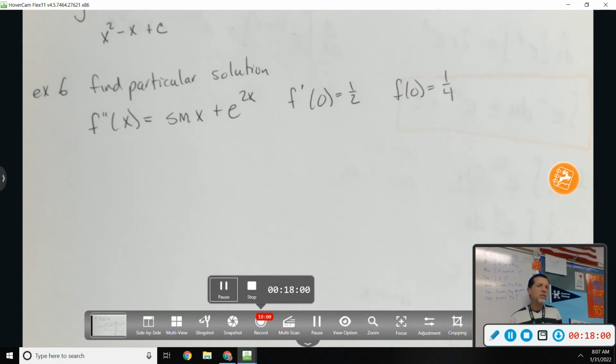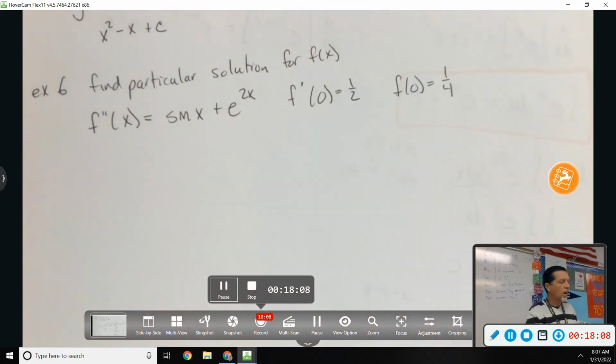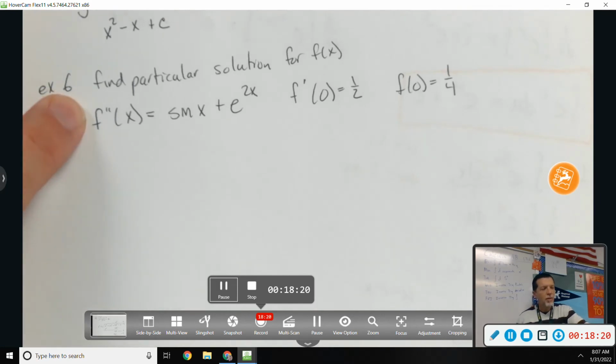So what do I do? I guess I should say find the particular solution for f of x. So I need to find f. I have f double prime. So what do I need to do? How do I get from f double prime back towards f anyway?